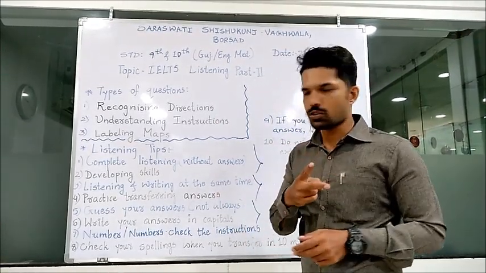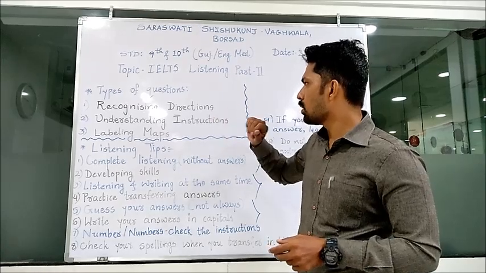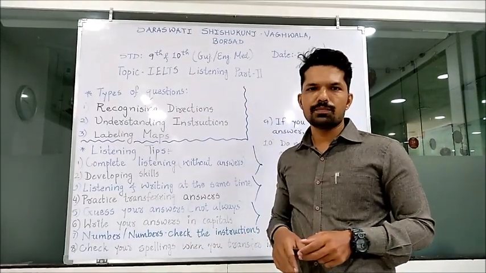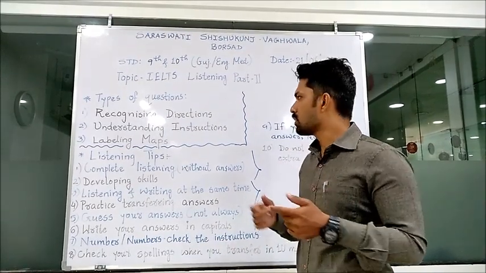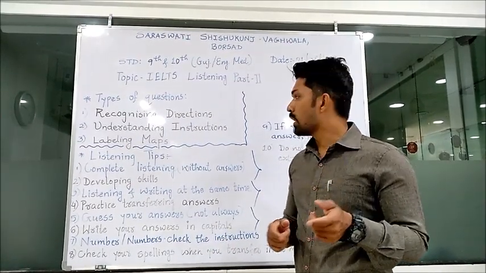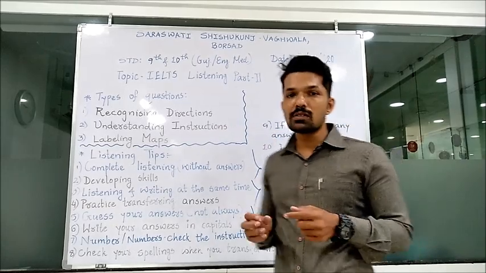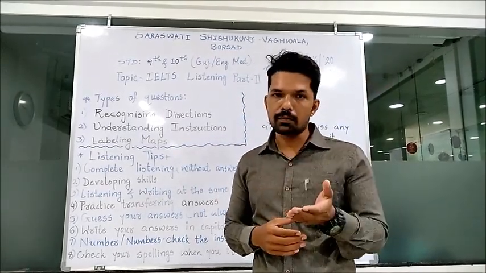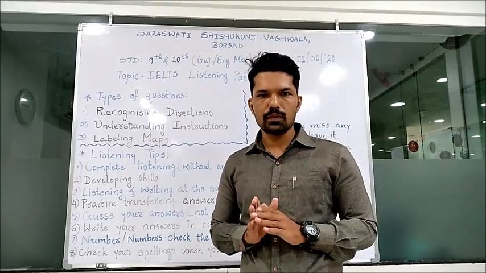The second question that you come across is understanding instructions. What is this? Understanding instruction means कोई भी instruction आपको दिया जाता है तो उसको आपको समझना है. It's very simple.